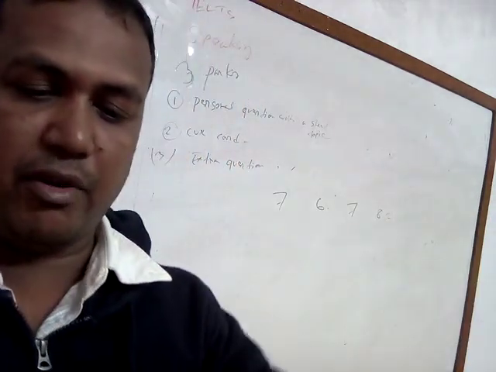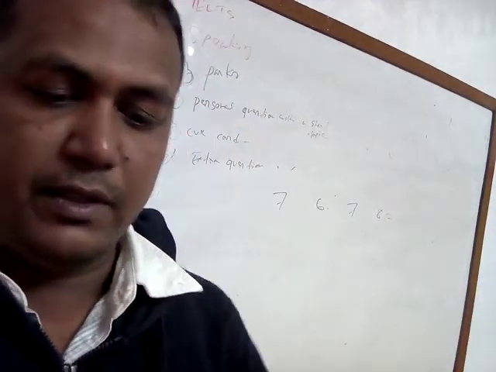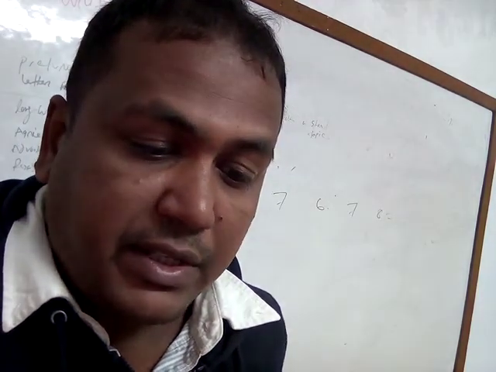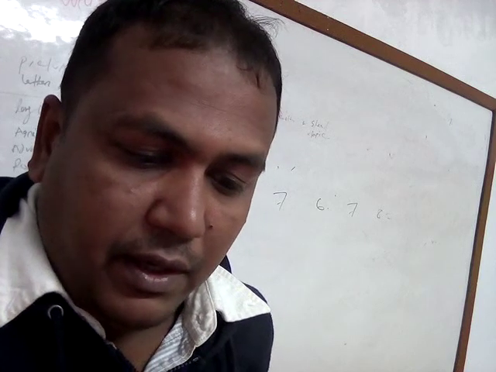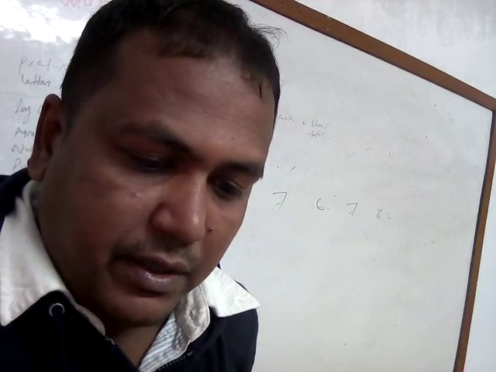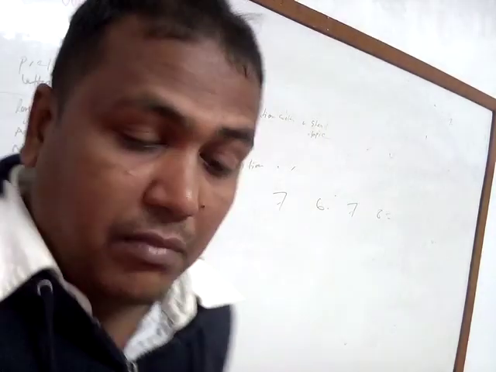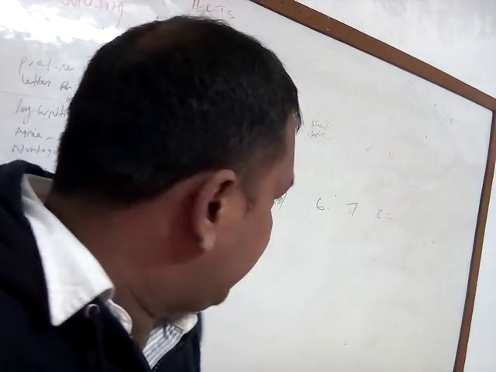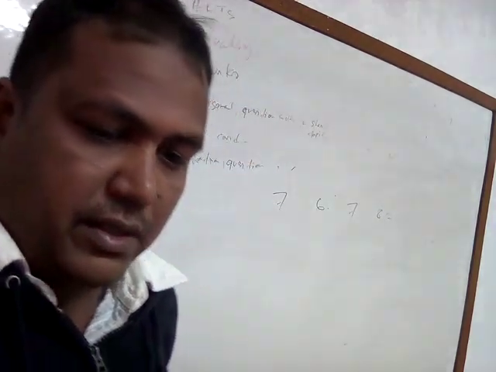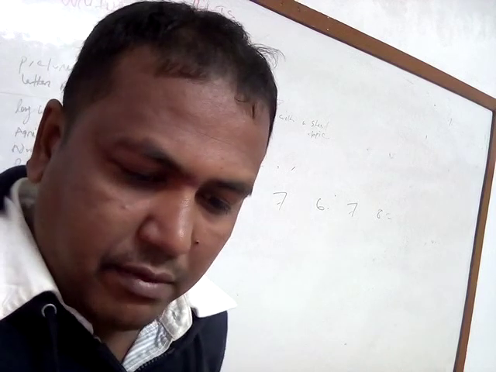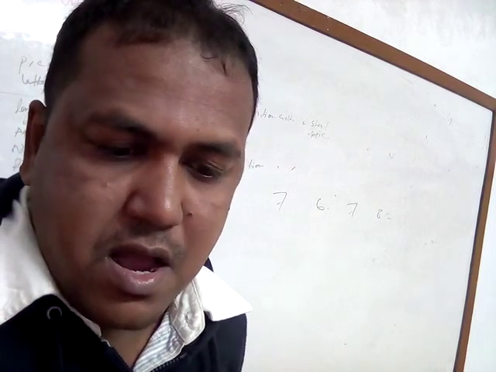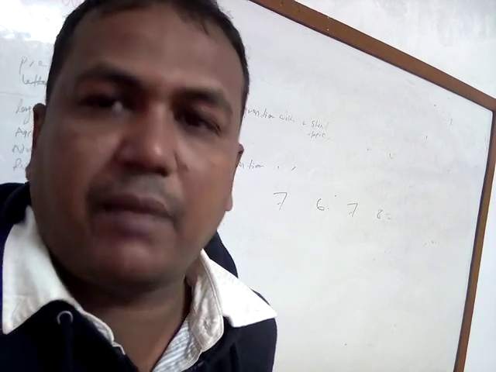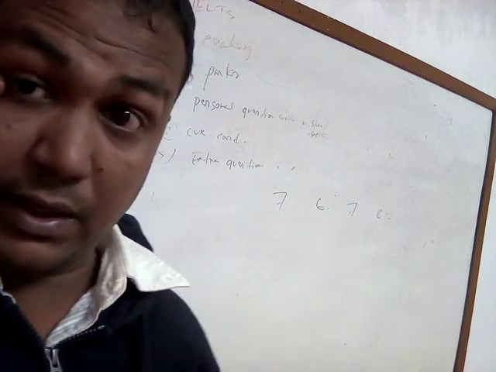For example, listening 7, reading 6, writing 7, speaking 8. Total is 28, divided by 4 is 7. Your score is 7.